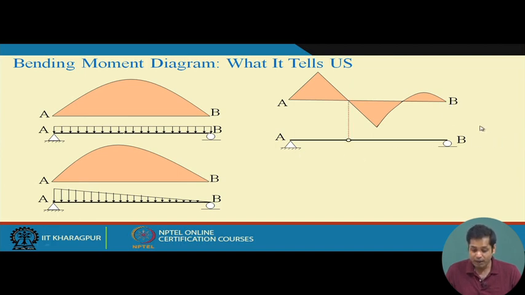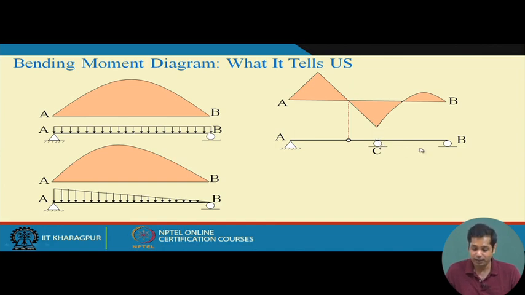Okay. Now, since the bending moment is 0 here, we may have a hinge here. Okay, because at the hinge location bending moment is 0, and since the bending moment then reaches a peak value and then decreases, we have either some externally applied load or support at this point.